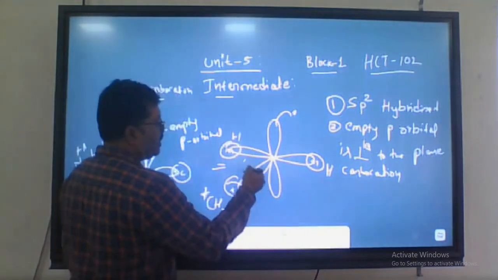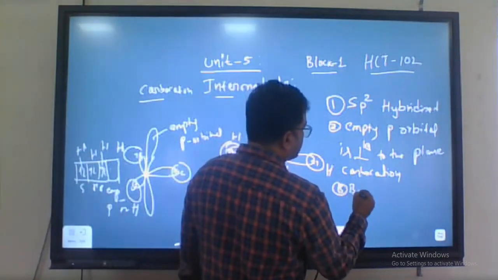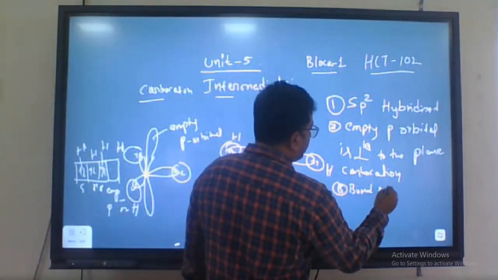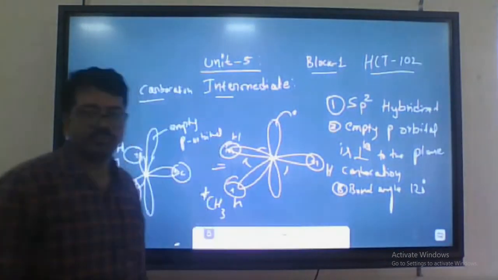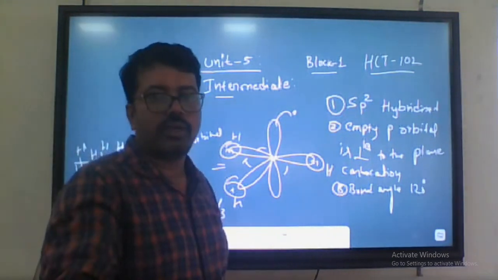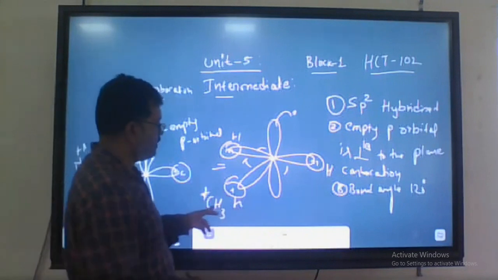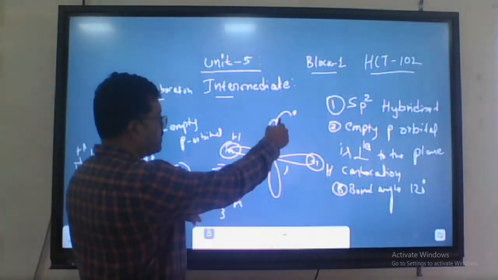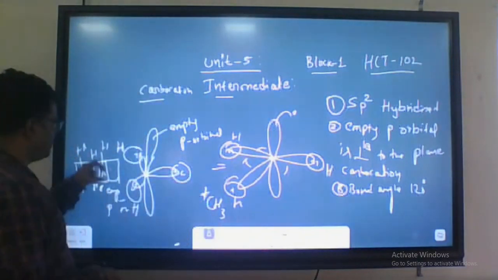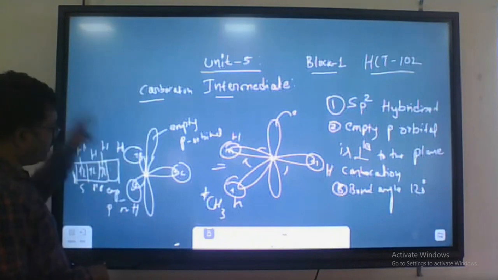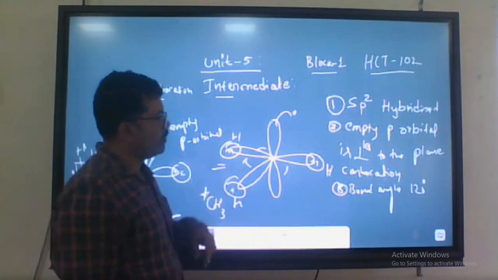This is trigonal. What is the bond angle here? The bond angle is 120 degree. See, this is CH3 plus charge plus empty p orbital, remaining 3. What's the hybridization? One hydrogen, H minus completely removed, empty orbital.